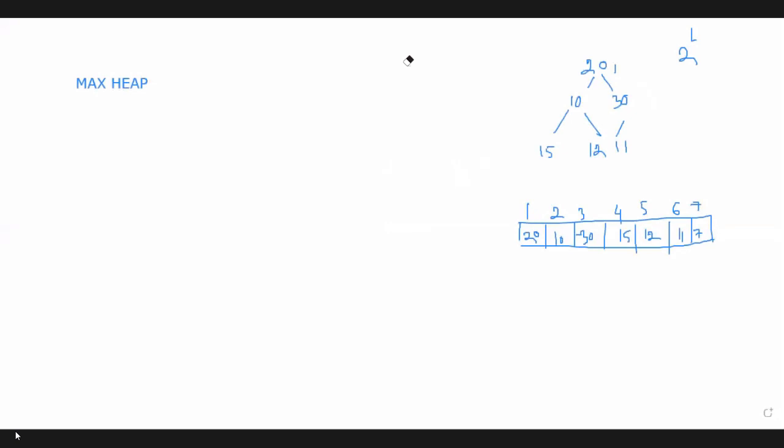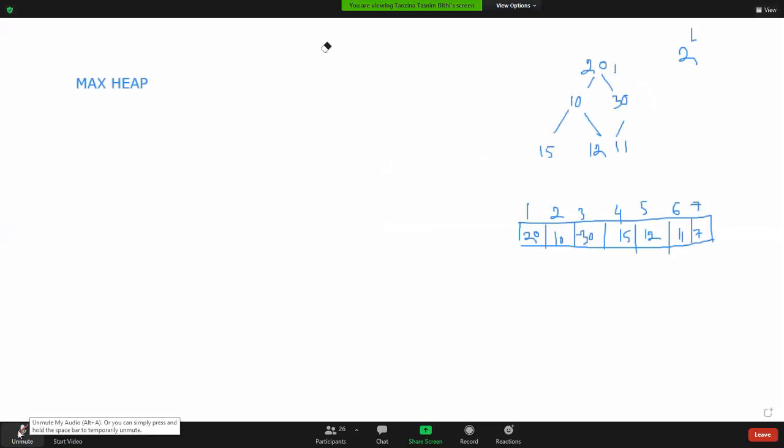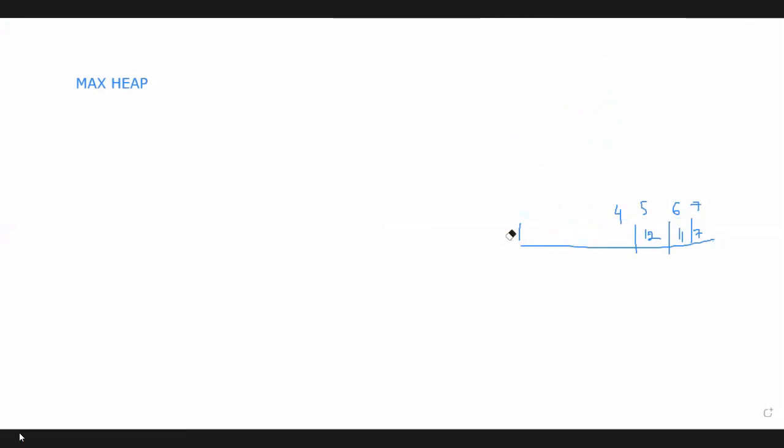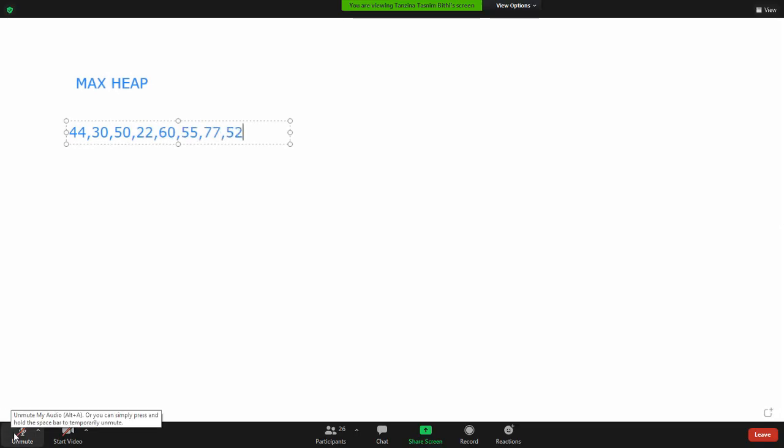Okay, so now look at the max heap tree. There are some nodes: 44, 30, 50, 22, 60, 55, 77, and 52.